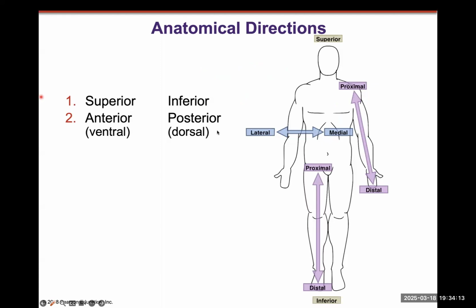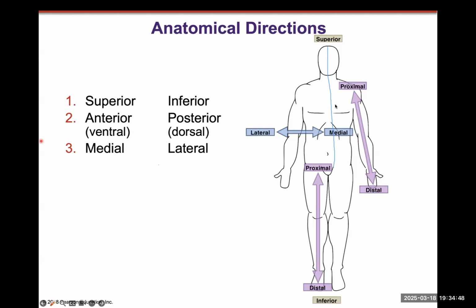Okay, so now let's see. Now I'm going to go ahead and draw a line down the middle of the body. So just imagine this is completely in the middle. If you draw a line down the body, anything that's away from this line is lateral, and anything that's near this line is medial.